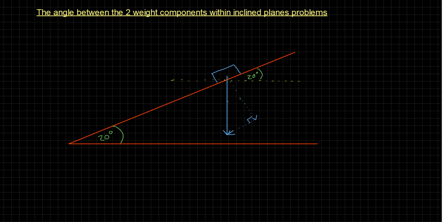Now consider, let me mark it in yellow, this right angle right here, between the red slope and that blue component of the weight. That's definitely a right angle by definition, because we're splitting it into components which are parallel to the slope and perpendicular. So if that's a right angle, then this angle here in green, between the yellow and the blue lines, is going to be 70 degrees.